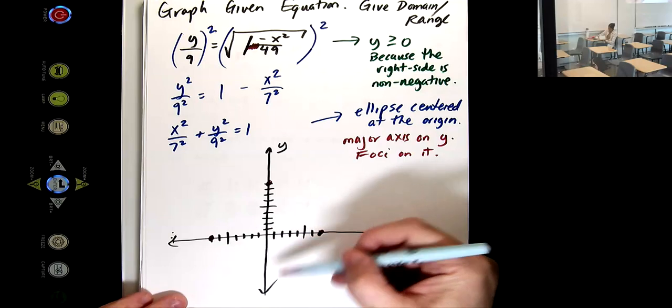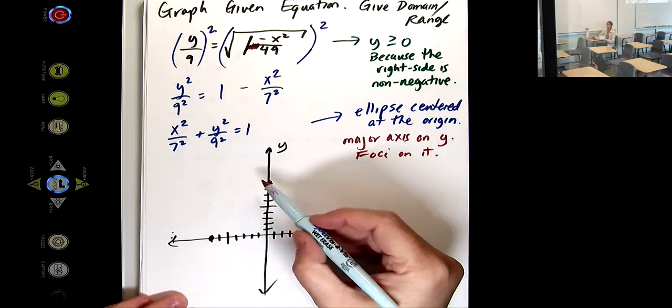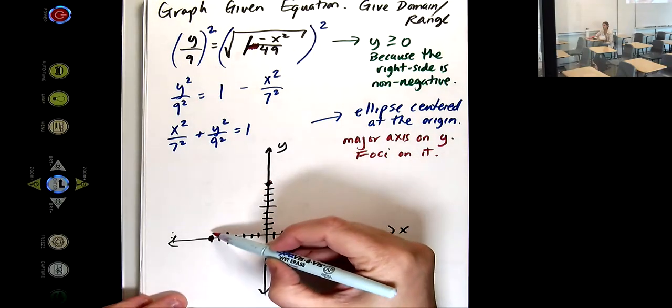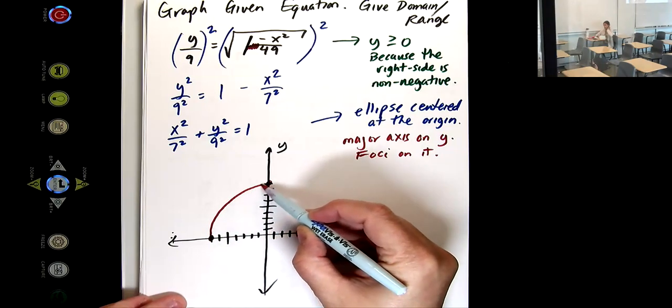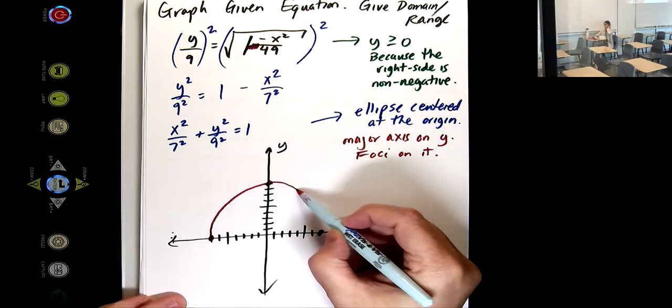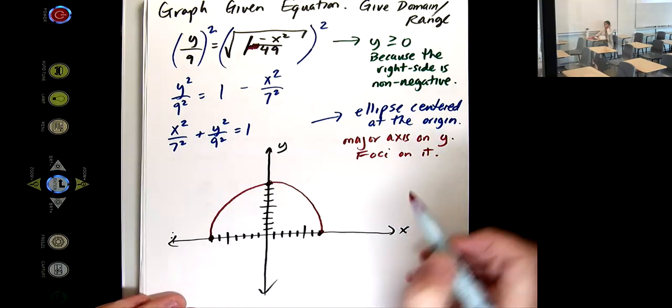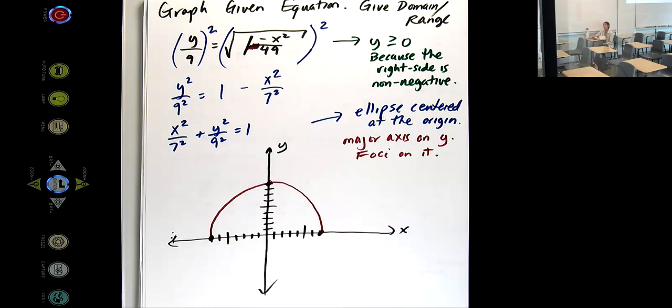For a full ellipse, we would go down 9 as well, but we do not have a full ellipse here. And this is going to look almost circle-ish because 7 and 9 are both large numbers, and they're close numbers. They're not like 10 and 20. They're not that far apart in value. So it's almost as wide as it is tall.